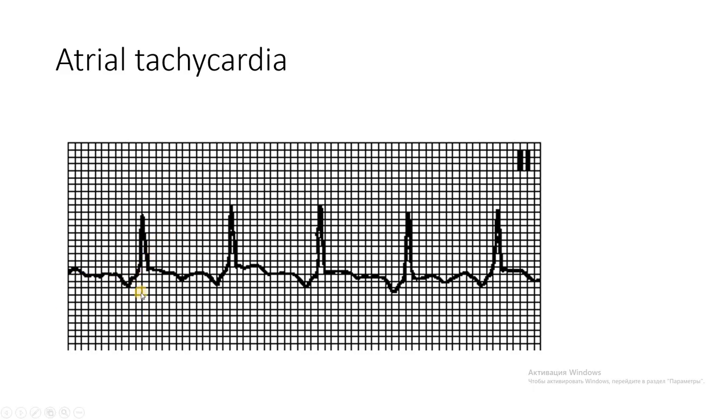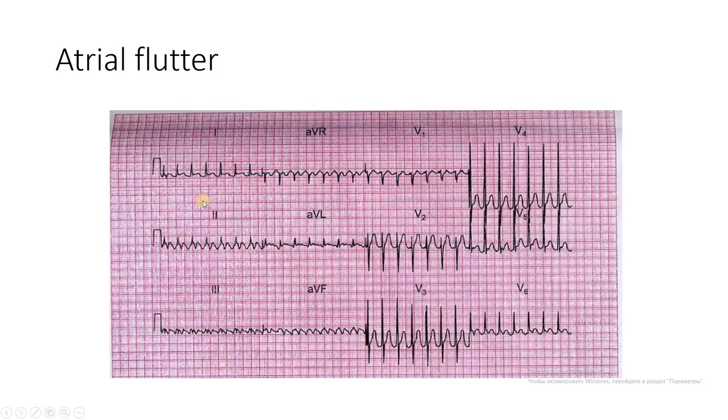Atrial tachycardia, negative P we can see. This is from down part of atrium or up part of AV node. QRS complex normal. Next one, atrial flutter. Here we can see 2 F waves and 1 QRS complex. It is usually visible in V1, V2, V3, but here in this case we can see F waves in AVR.